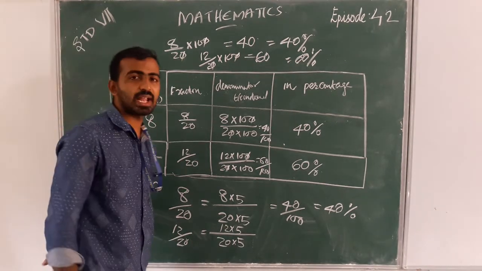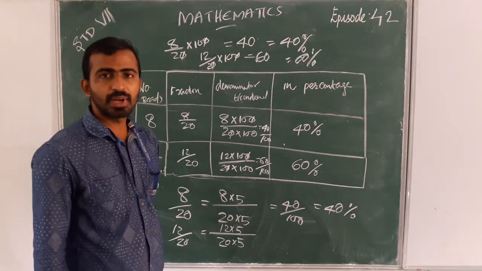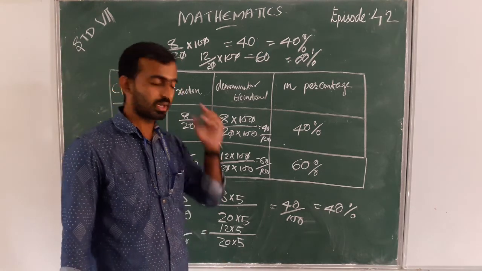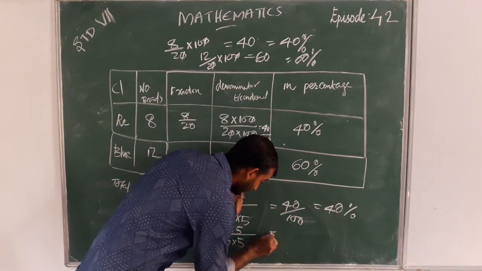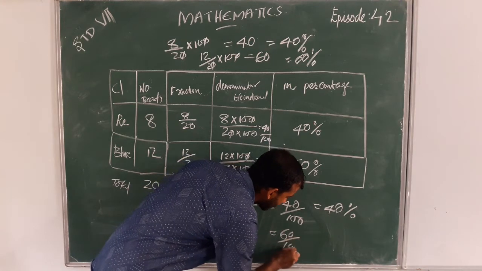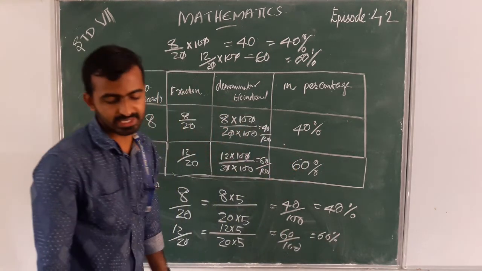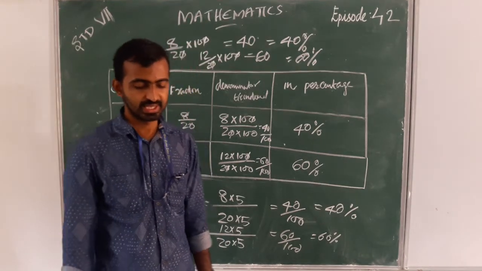When an operation is taking place in the denominator, that same operation is also taken in the numerator. That is, we get 60 percent.